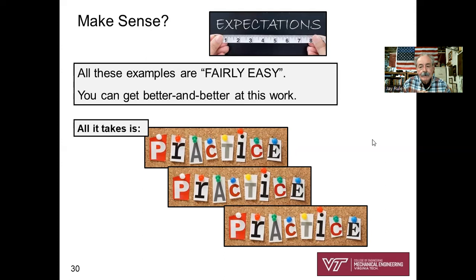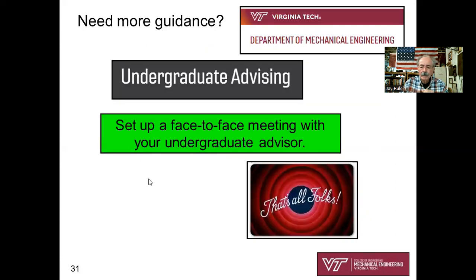If you found that those last 2 examples were Greek to me, and you didn't understand how to do that at all, if you really didn't understand how to quickly get to those results, I want to recommend that you go talk to your undergraduate advisor. Set up a face-to-face meeting. Don't get discouraged, but I want you to work with your undergraduate advisor to get some assistance in getting up to speed.